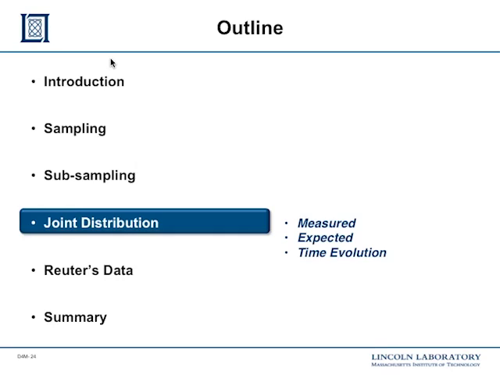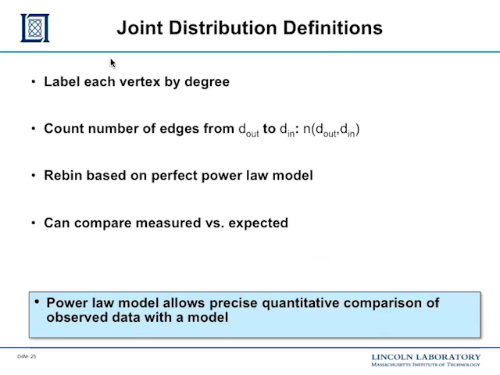When we talk about sampling, we talk mainly about single distributions. We can also talk about joint distributions. We can use the degree as a way of labeling the vertices. It's a way of compressing: if we label each vertex by its degree, this is a way of compressing many vertices into a smaller dimensional space.